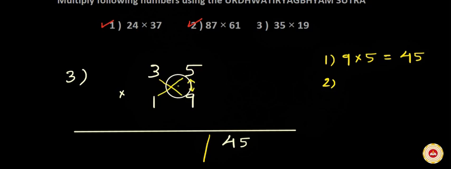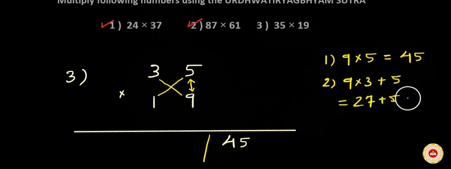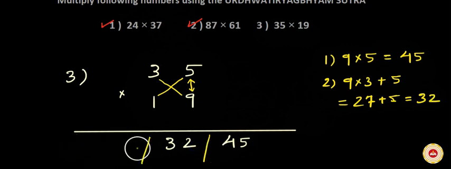And add these two products. 9 multiplied by 3 plus 1 multiplied by 5 gives us 9 3s are 27 plus 5, which is equal to 32. Write 32 in the middle part. Now let us separate this middle part from the left part.